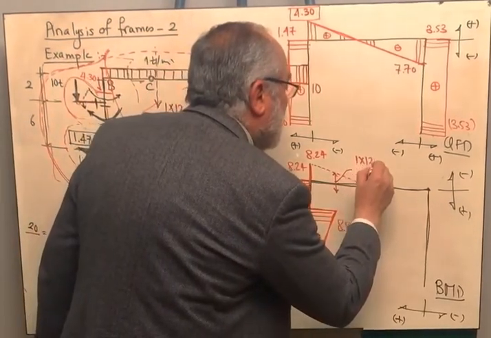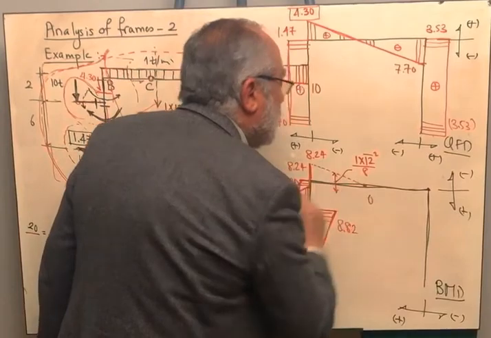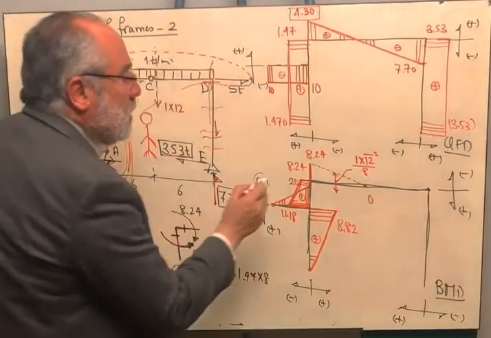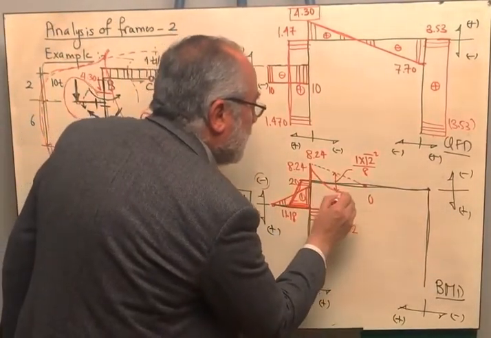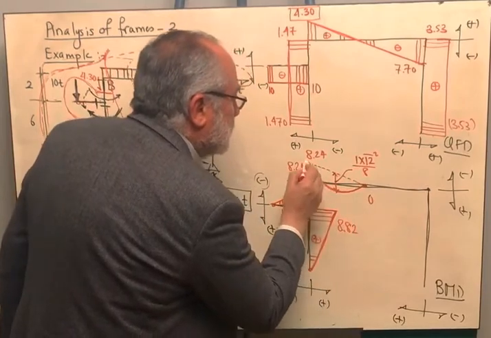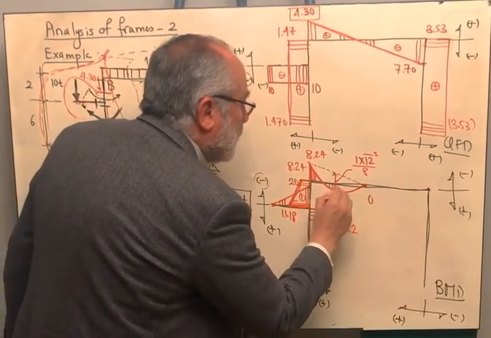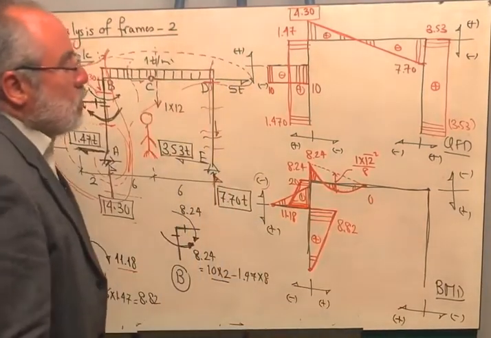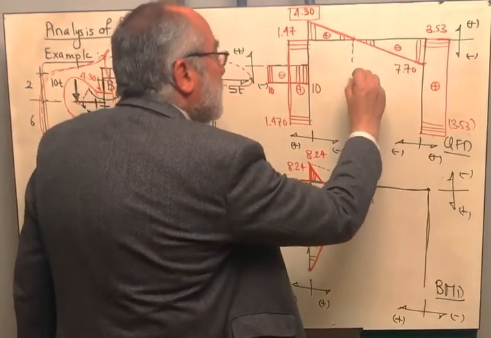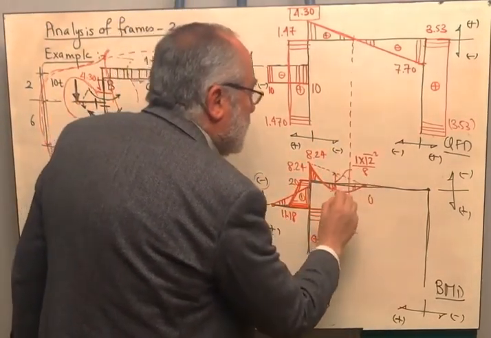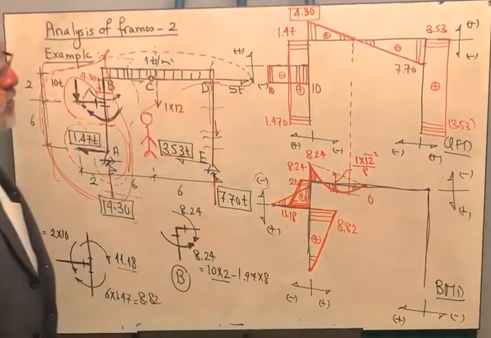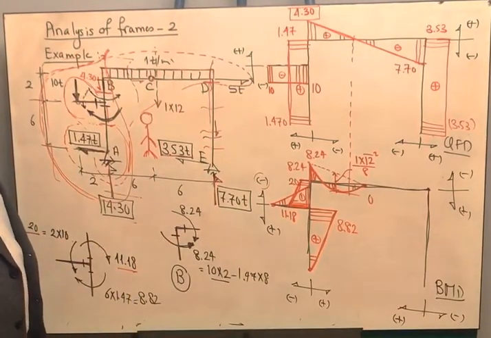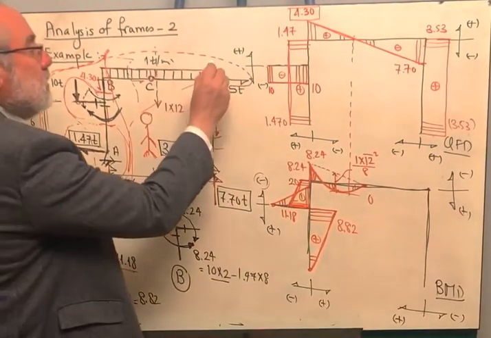It is 1 multiplied by 12 square over 8. Okay? When you draw this, it will be something like this. You will notice that the maximum bending moment will be corresponding to the point of zero shear.